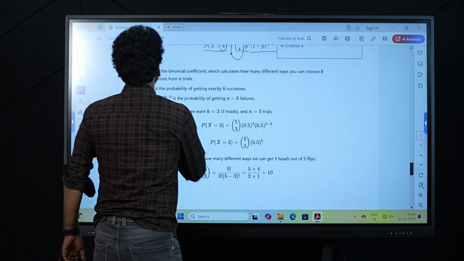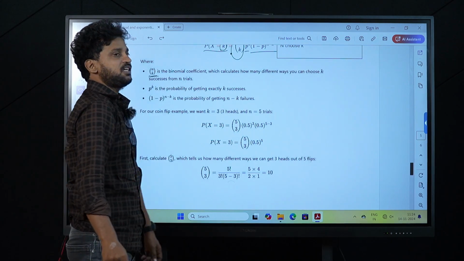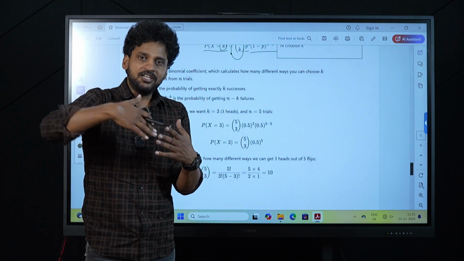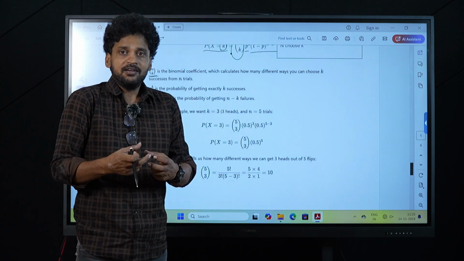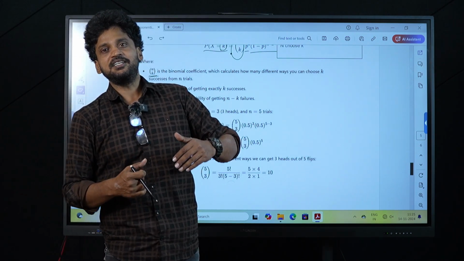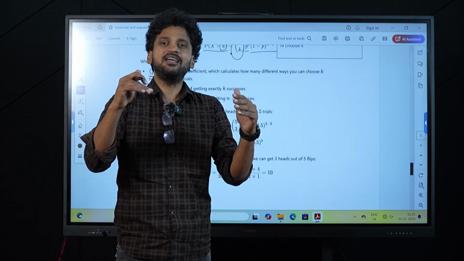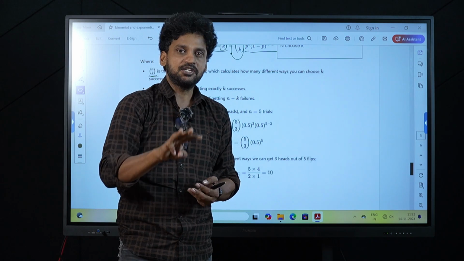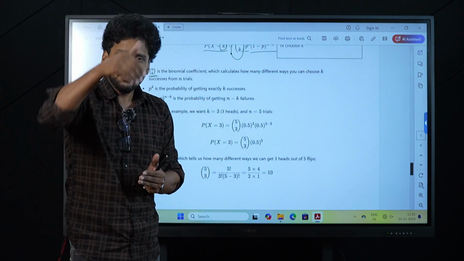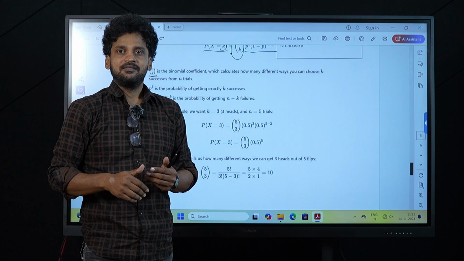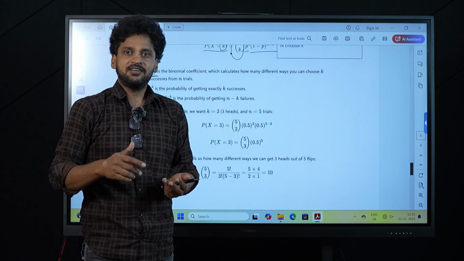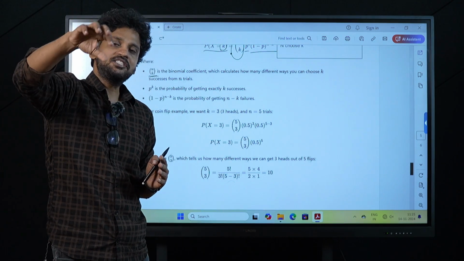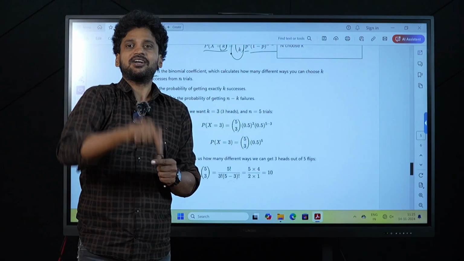Now, what is this n choose k? It means I want 3 heads, but I don't want them to be continuous. It may be the first 3 heads or the last 3 heads, or any successes with any intervals. Understand carefully: these 3 heads may not be consecutive trials; they may fall in any trials.